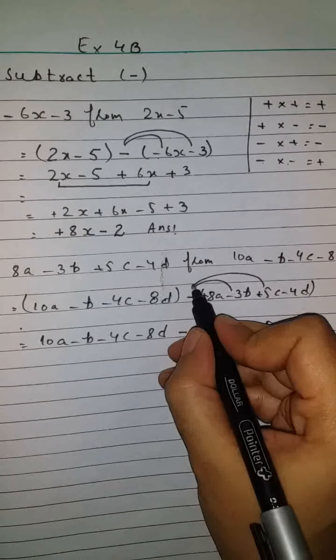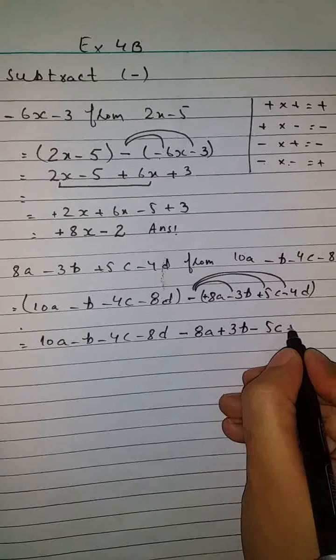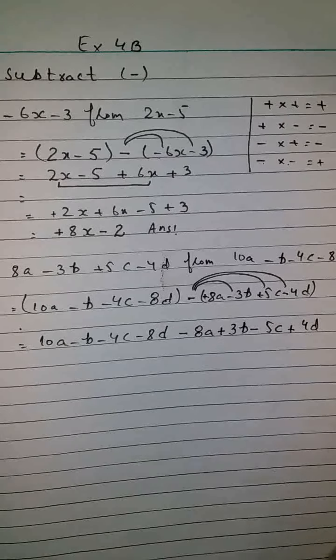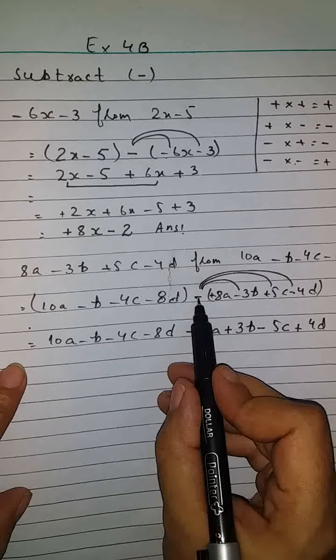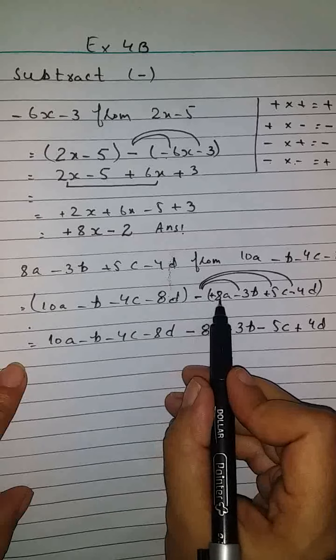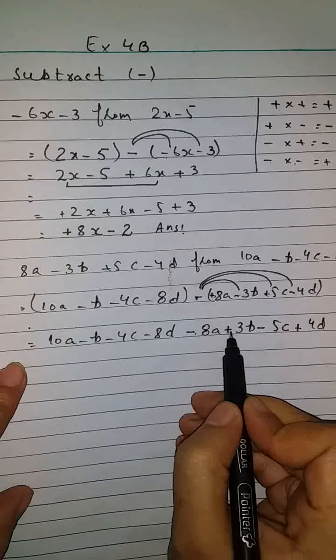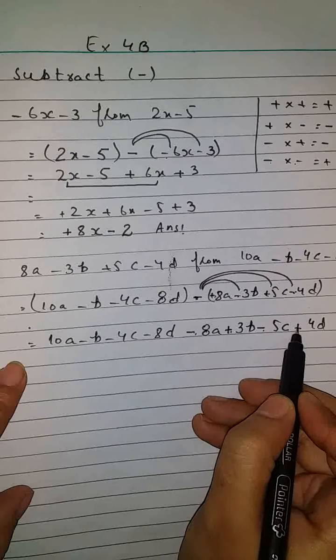Again minus times minus is plus 4d. Okay, now we combine by using the sign rule. We multiply by minus each term: minus plus minus, minus minus plus, minus plus minus, and then minus minus plus.